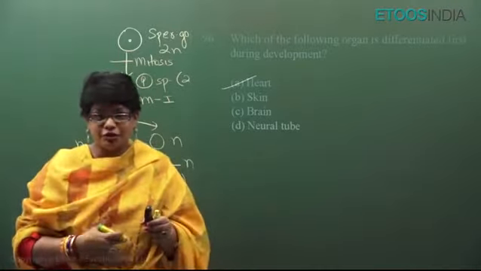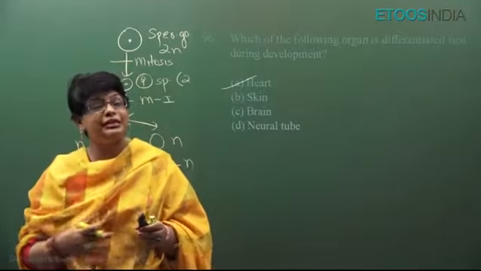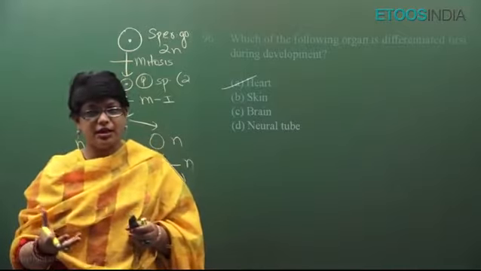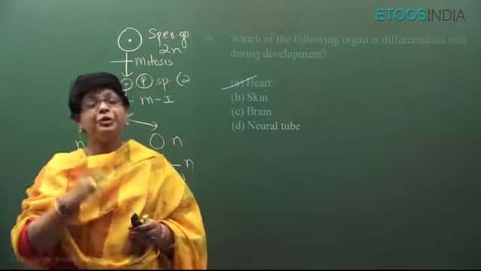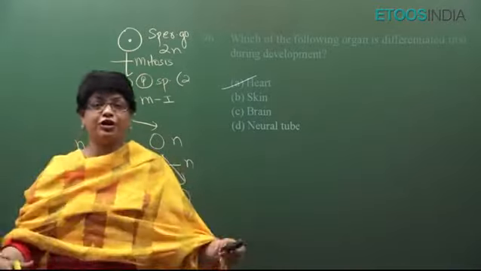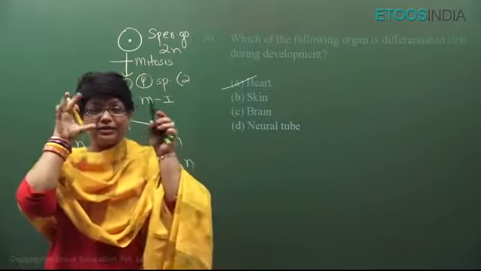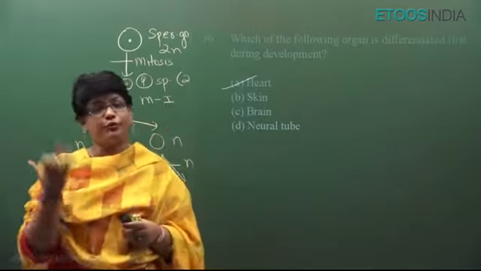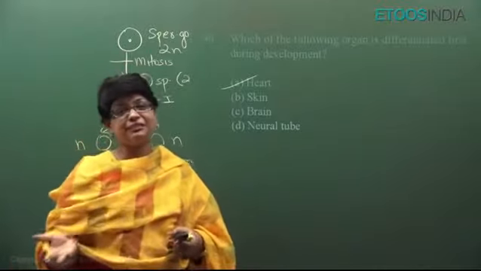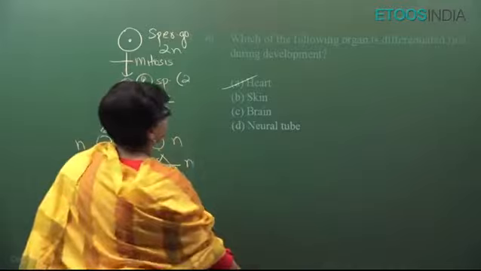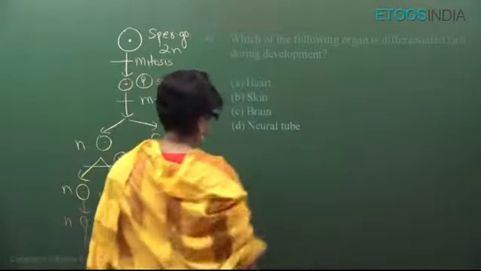During 5th month, the mother is able to feel the fetal movements, fetal kicks, and hair on the scalp of the fetus appears. During 6th month, hair all over the body of the fetus appears, eyelids separate, and eyelashes are formed for protection of eyes because eyelids have separated. And by the end of 9 months, the complete fetus is formed. Alright? So the answer is option A here.